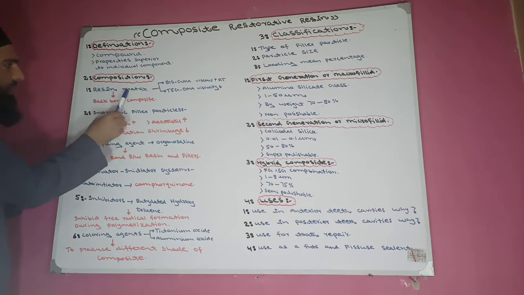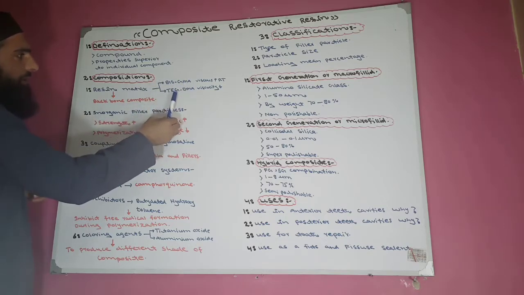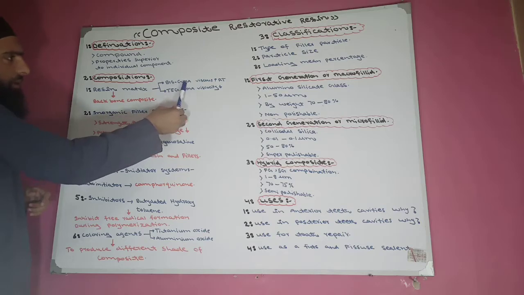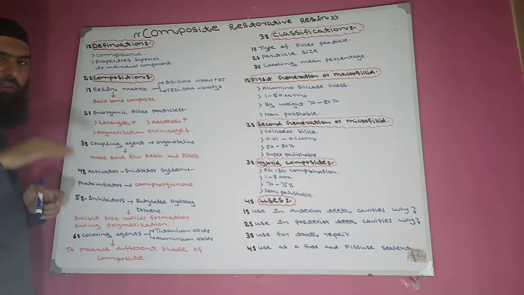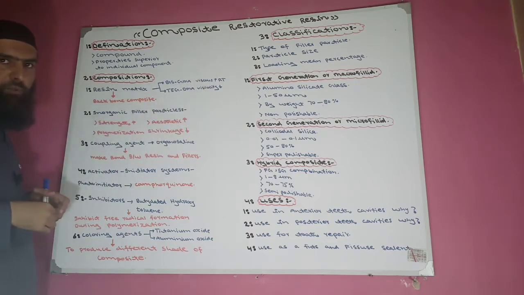First is the resin matrix. The resin matrix is made up of bis-GMA and TEGDMA. Now, bis-GMA is highly viscous at room temperature. We cannot use it clinically at room temperature.